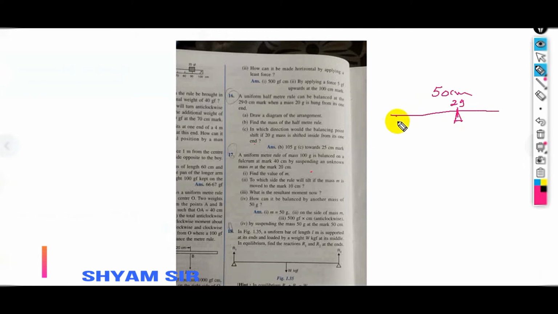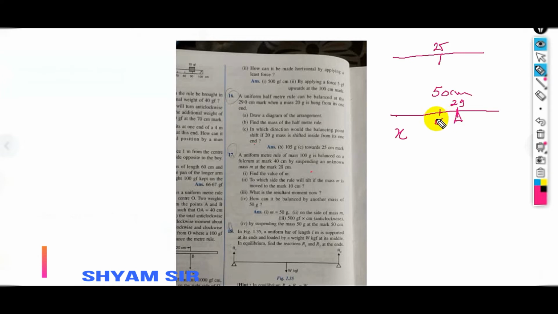So obviously the midpoint, the larger weight will be on this side, so this is going down. As we have already studied, the whole weight of the scale acts at its midpoint, which is 25, but here it is balanced at 29 centimeter, meaning whatever the weight of the scale, let it be x, it is acting at 25 centimeter, meaning 4 centimeter from here.